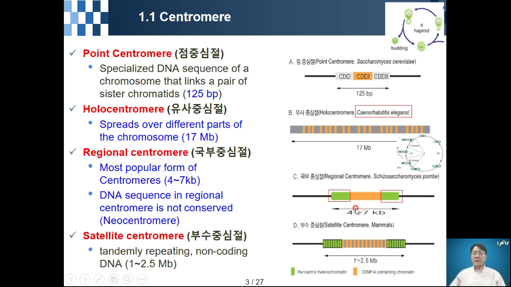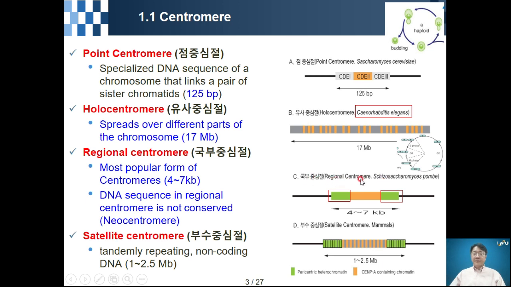The fission yeast reproduces by fission, for example, this one reproduces by budding, but this one reproduces by fission, so they split each other like this. So the regional centromere is observed in the fission yeast and in all of the mammalians.